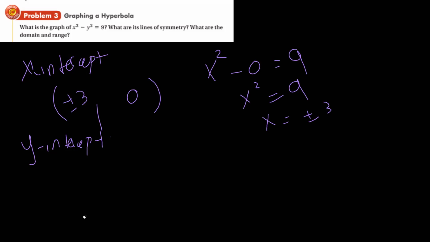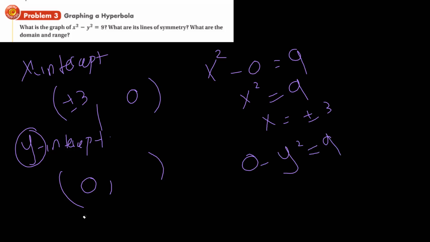Now what about the y-intercept? For the y-intercept, the opposite of y is x, so x is 0. Let's now make x 0. 0 minus y squared equals 9. That means y squared is equal to negative 9. Now, Habiba, if we have y squared equal to negative 9, what's the value of y?